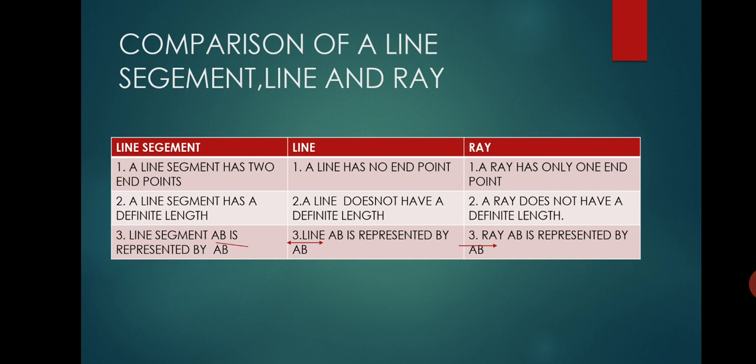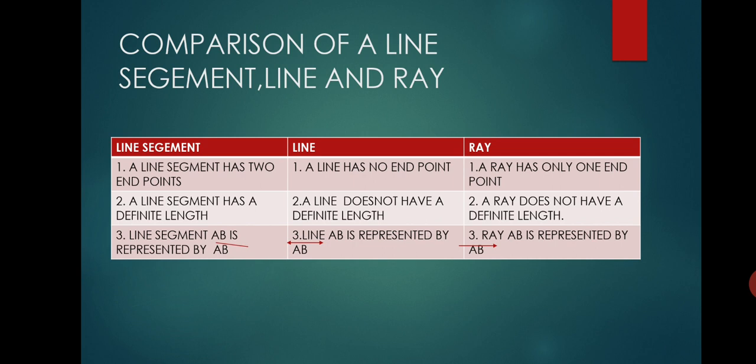A ray does not have any definite length. Why are we saying that a line and a ray do not have a definite length? Because we can extend them to any level. In a line we can extend in both directions, whereas in a ray we can extend in one direction.